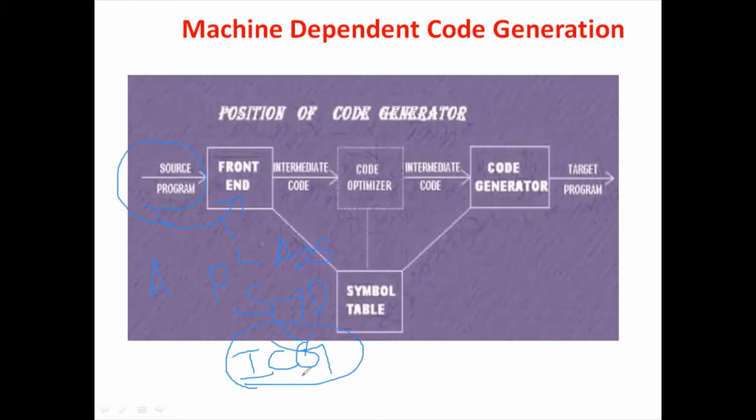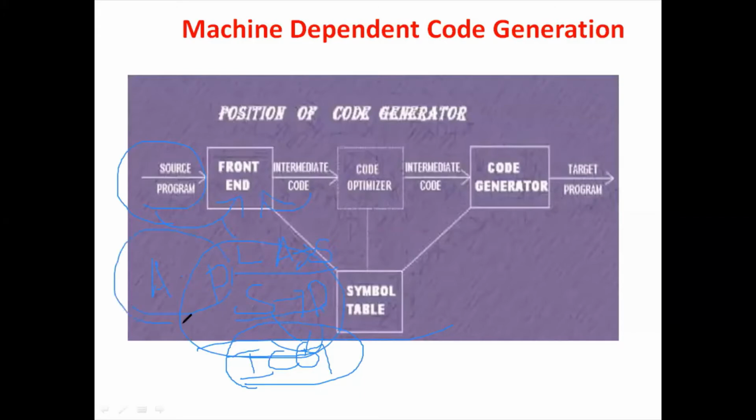So the front end is nothing but the analysis phase: the lexical analyzer, syntax analyzer, semantic analyzer, and intermediate representation. You get the output from the front end of the compiler.